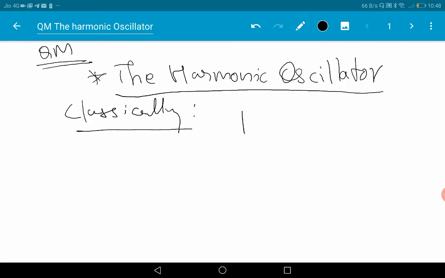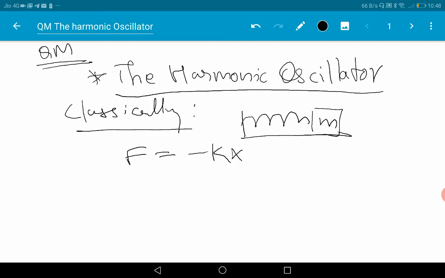Classically, it's, we all know, something like this with mass m. So the restoring force is F equals minus kx, which can be written as minus m d squared x by dt squared, and we have a solution.